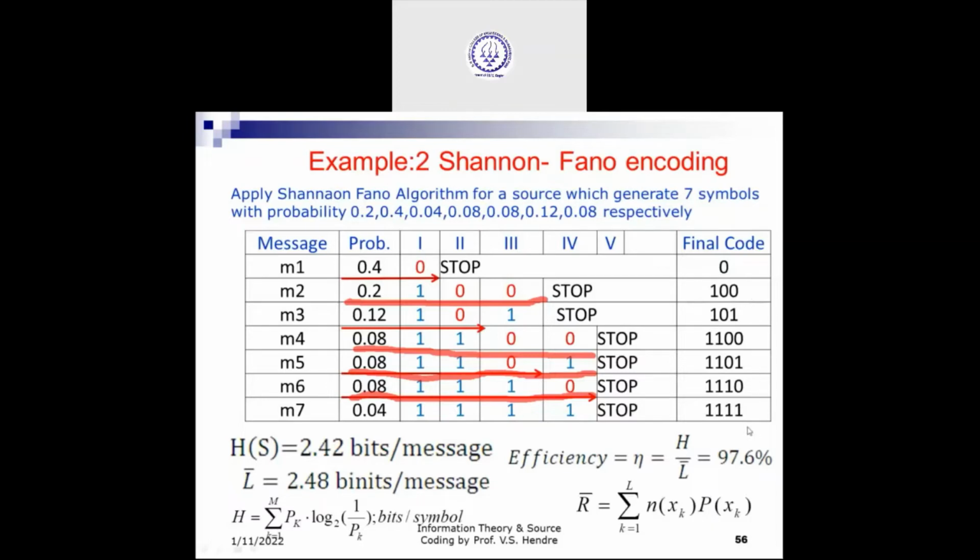By multiplying n of xk with p of xk and summing over the L values, we get the average code word length as 2.48 bits per message, and from that the efficiency of the code, eta, will be H upon L bar, which is 97.6% for this particular code. So this is the second example that we have understood for the Shannon Fano encoding algorithm.